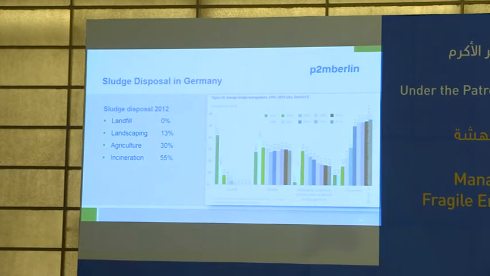We have none today. We have agricultural reuse, which is declining and will decline more because of the changing regulations. And you can see on the very right that incineration has more than doubled over the last 20 years. Almost 60% of all sludge from Germany is now being incinerated.